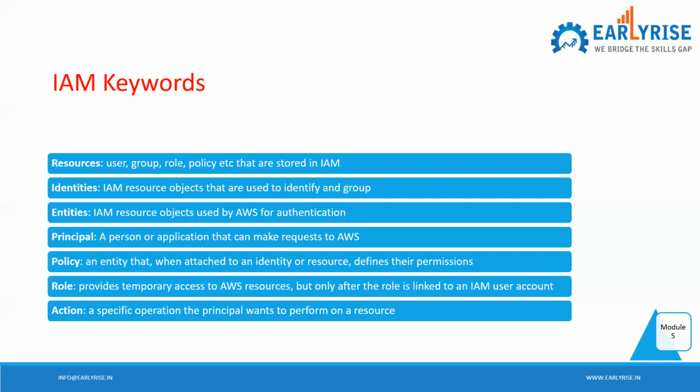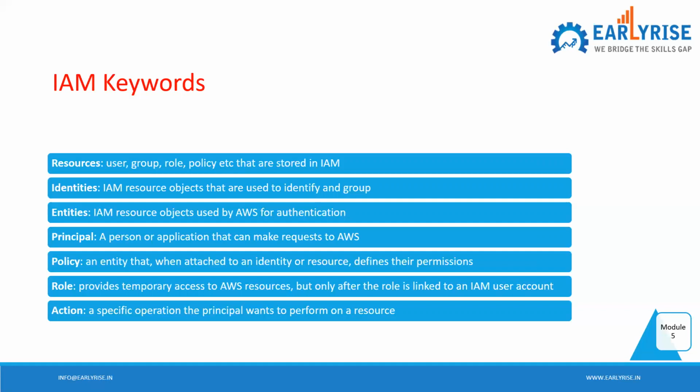Can you relate? Using the identity, we can identify, meaning we can attach, say, a user. The user will be there, and to that user we can attach a policy.